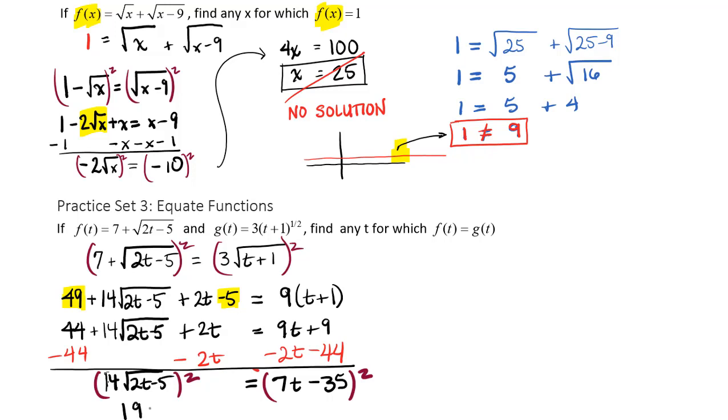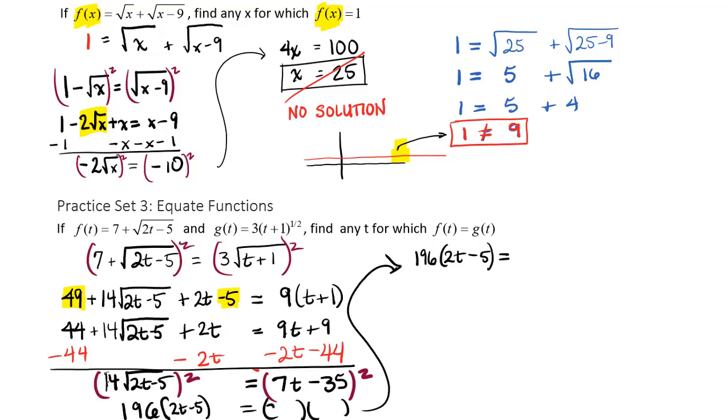Let's rewrite it up here. We have 196 times 2t minus 5 equals, and then we need to FOIL the 7t minus 35 squared.